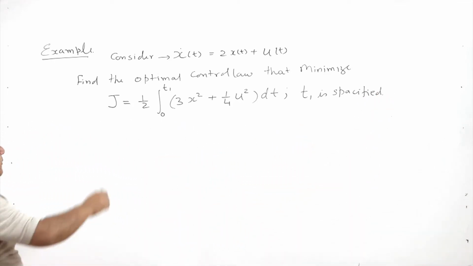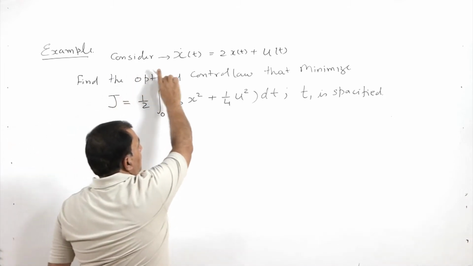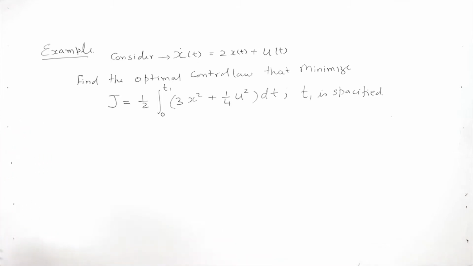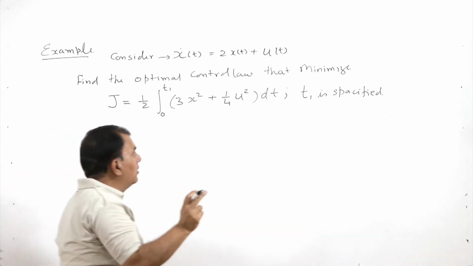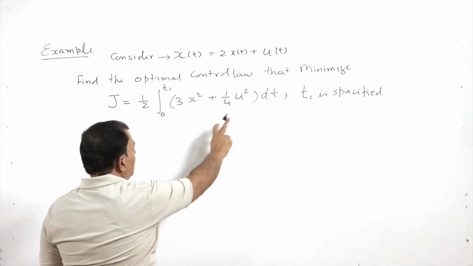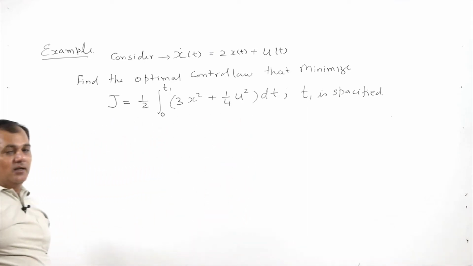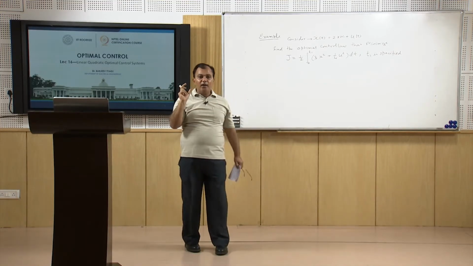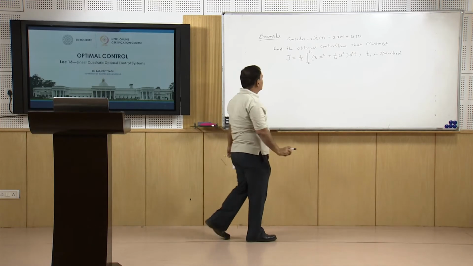So, my problem is, for a first order system x dot equals 2x plus u, we have to obtain the optimal control law which minimizes my performance index given here in a specified time t1. So, t1 is specified in this case.